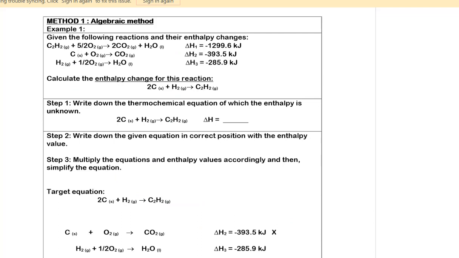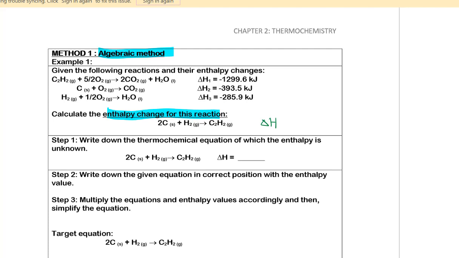Hess's law, algebraic method. Example 1. Given the following reactions and their enthalpy changes, calculate the enthalpy change for this reaction. So the question asks you to calculate delta H for the given equation. Step 1: write down the thermochemical equation of which the enthalpy is unknown.